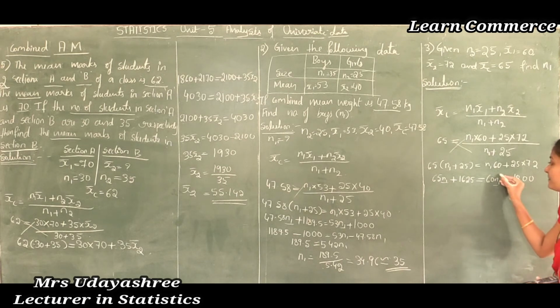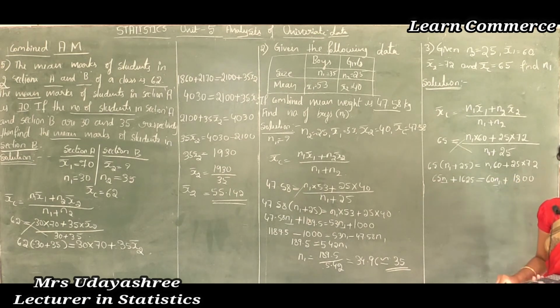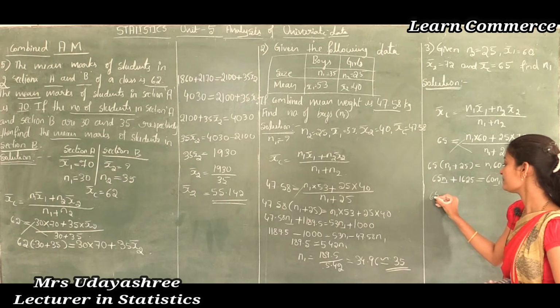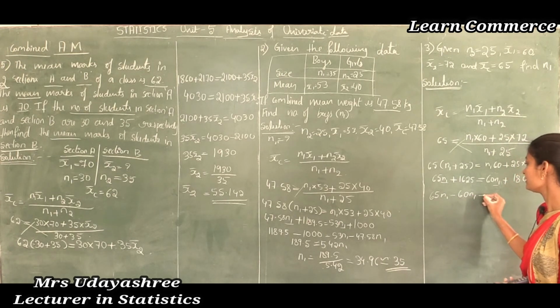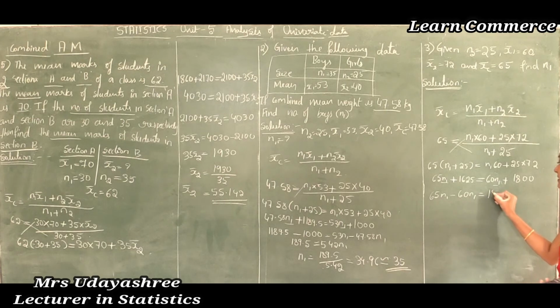Therefore I will bring the 60 N1 to the left hand side: 65 N1 minus 60 N1 is equal to 1800 minus 1625.